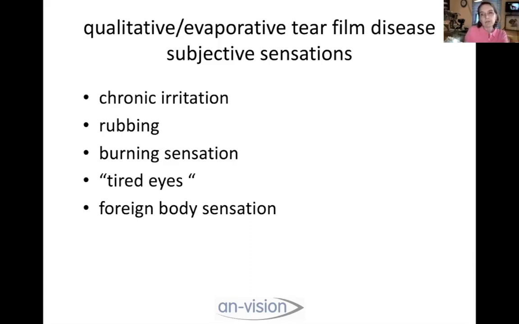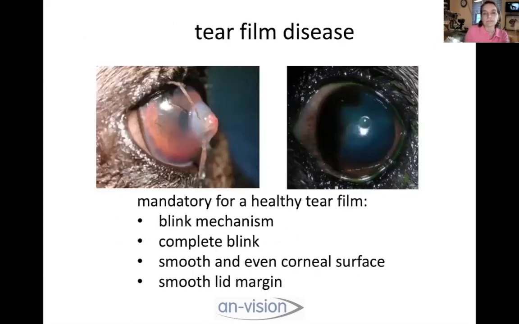And we have all that in our animals, they just don't tell us. So I think it's definitely an impact on quality of life. And if you're successfully treating an animal that has qualitative tear film disease and you have a sensible owner, they will tell you that the aspect and the whole attitude of the animal changes.